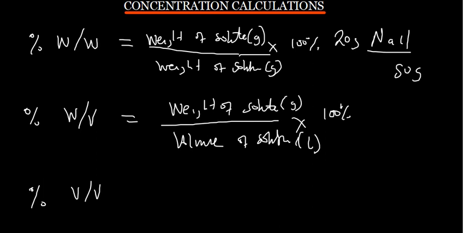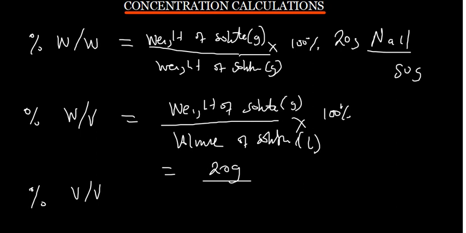So therefore the percentage weight by volume is going to be what? You get the weight of the solute, which is 20 grams, over the volume of solution. So this should be solution, not just a solute. In this case, I'm going to say that the solution is 50 grams. Now you need to make sure that it is in what? Liters. So convert to liters.